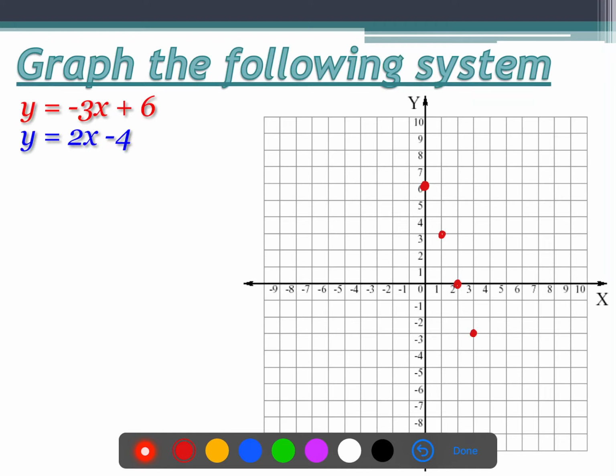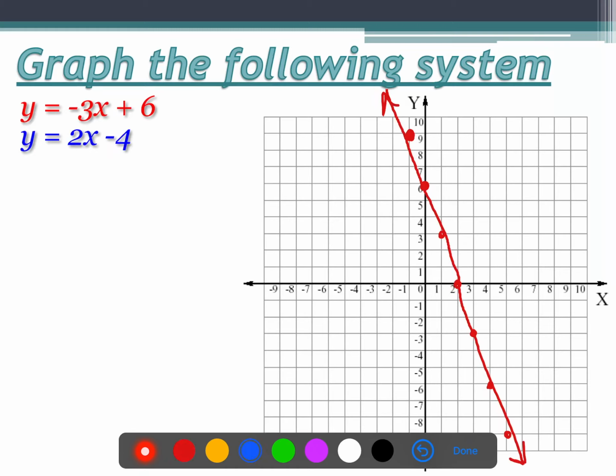Okay, and you can see I am filling up the whole graph here because I don't know where my lines are going to intersect, and I want to make sure that I have the exact points where the lines are going to hit. Okay, use a ruler to connect.